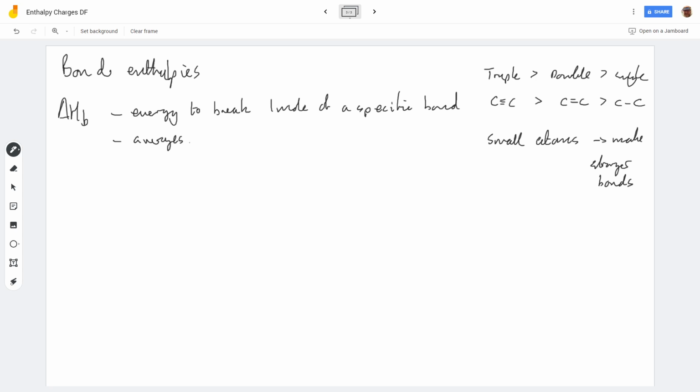So as you get shorter and shorter bonds, they get stronger and stronger, because that pair of electrons, that bonding pair of electrons, is closer to the nucleus, positive nucleus, which is what's attracting those electrons. So they get stronger. But you can use bond enthalpies to calculate an enthalpy change of reaction.